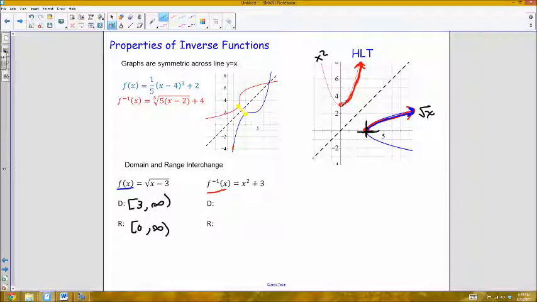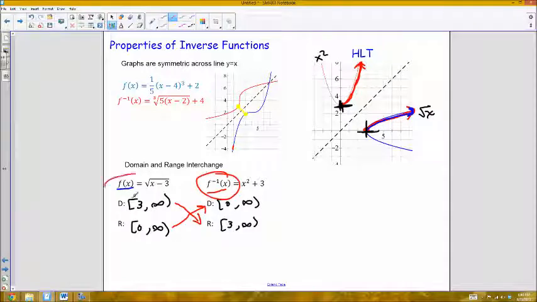The domain and range of the red portion I highlighted: x is from 0 to infinity, and the output value for y is from 3 to infinity. So when I say that the domain and the range of the inverse and its function interchange, I mean that the domain of my original function has become the range of my inverse, and the range of my original function has become the domain of my inverse. So domain values and range values interchange for these inverse graphs.